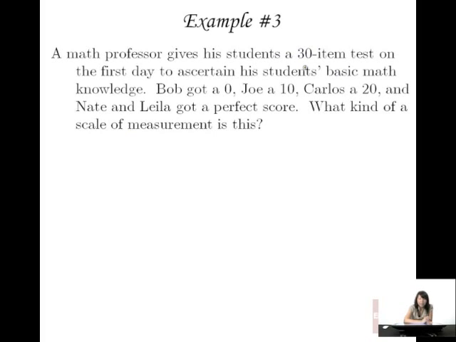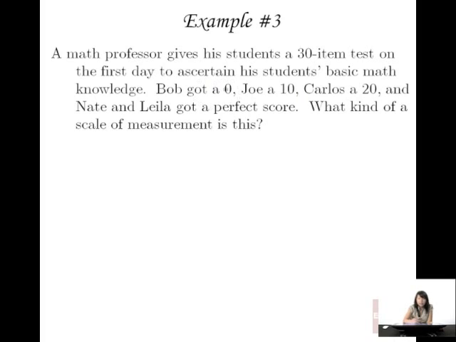So example 3. A math professor gives his students a 30-item test on the first day to ascertain his students' basic math knowledge. Bob got a 0, Joe got a 10, Carlos a 20, and Nate and Layla got a perfect score. What kind of a scale of measurement is this?